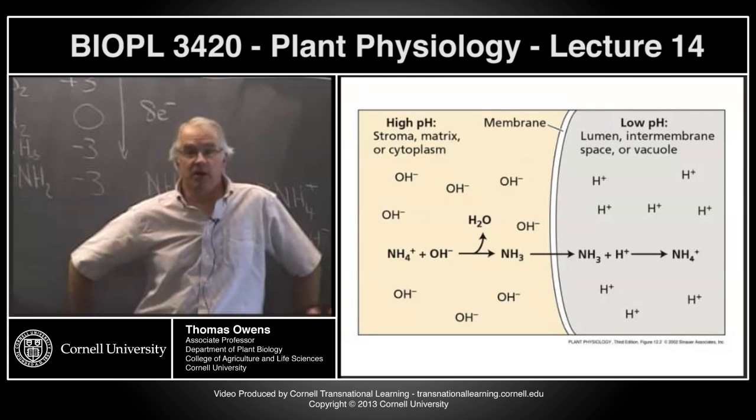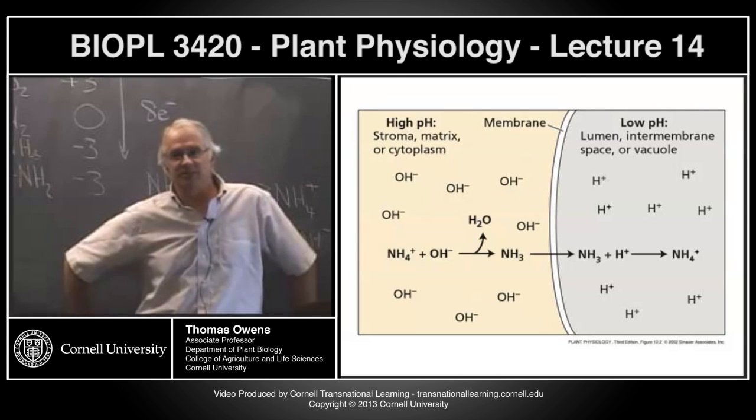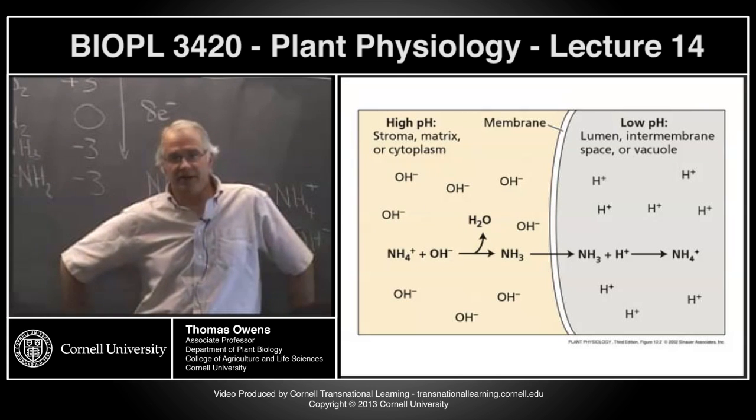Remember back when we talked about ion movements and the fact that calcium and magnesium were at lower concentrations in the cells than we expected? How about nitrate and phosphate? What were the concentrations of those inside the cells compared to Nernst equilibrium? Remember the answer to that?